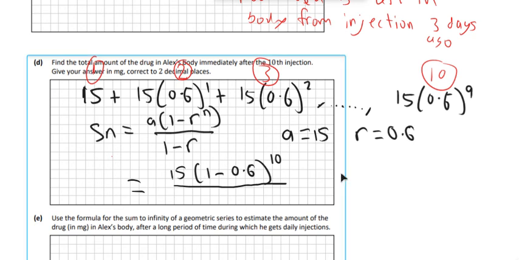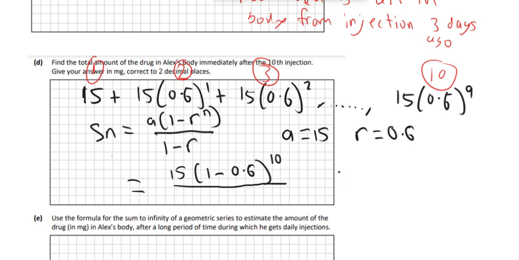So we want it for 10 terms, and it's all over 1 minus 0.6. And then it's just calculator work again. You can put it in, and you should get 37.27 mg, milligrams, and that's rounded off to 2 decimal places as well.